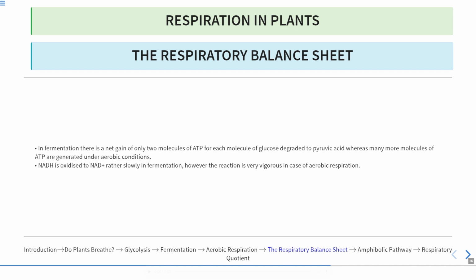NADH2 is oxidized to NAD rather slowly in fermentation. However, the reaction is very vigorous in aerobic respiration, right? In aerobic respiration, the NADH2 which has been formed is converted to ATP in a very fast way. Whereas the NADH2 synthesized in fermentation is changed to NAD in a very slow process, very slow.